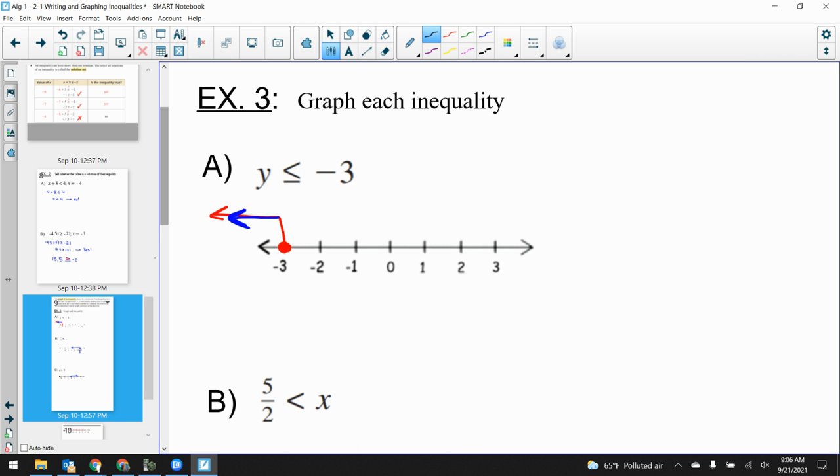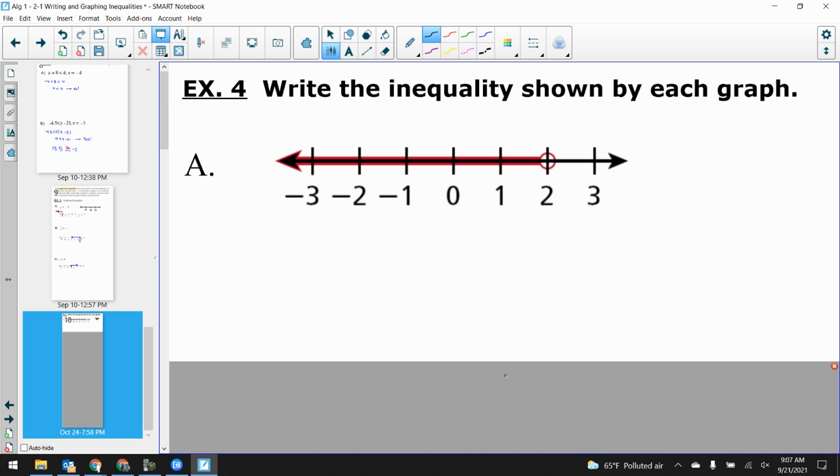This is the bare minimum that I need. I need you to write a number line, and I need you to put a number to the left, a number to the right, and a number where your point's going to go. If you're going to draw out your own number line, I need 3 points. That's the bare minimum that I would need.